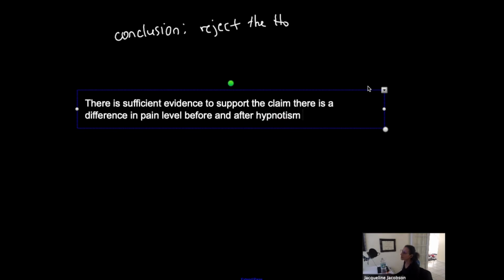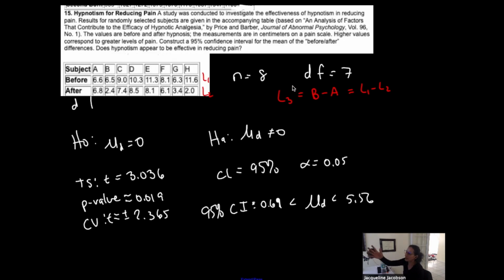Now, based on the fact that it's two-tailed, I'm not going to say that there is sufficient evidence to support the claim that before is greater than after, unless I'm doing a left-tailed or right-tailed test, depending on how you do your differences. I could say that the pain level is more before than after because of the confidence interval, but I'm not always going to have that.